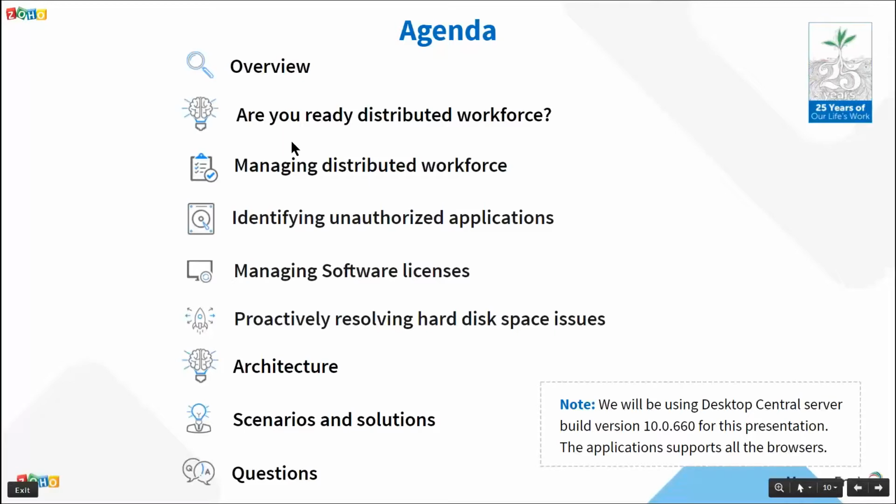Followed by that, we will discuss architecture and options in asset management in detail with a few real-time examples like identifying unauthorized applications, managing software licenses, options to proactively reclaim hard disk space, all that. And later, we'll wind up the session with a few common scenarios and frequently asked questions with respect to asset management.